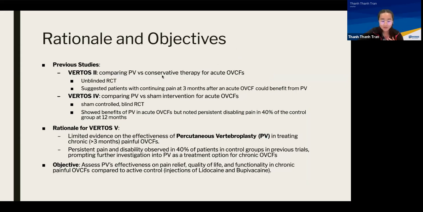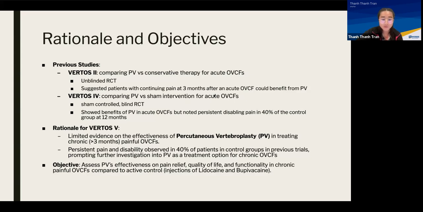Okay, so let's start with the background and the rationale for the VERTOS V trial. Previous studies have explored PV in cases of acute OVCF. Studies like VERTOS II compared PV with conservative therapy in an unblinded randomized controlled trial, and their results suggested that patients with ongoing pain at 3 months could benefit from PV.